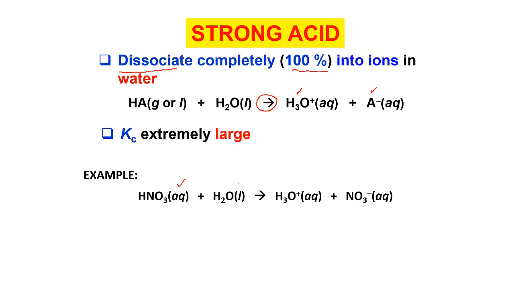Okay, phases are still shown. We need to know examples of strong acids. Among them, nitric acid. Nitric acid is a strong acid. It completely donates its proton to water. So when it completely donates its proton to water, it undergoes 100% dissociation in water. And it forms hydronium ion, aqueous, and nitrate ion.